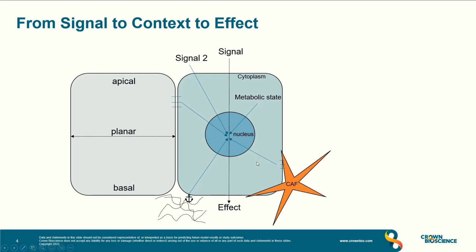And then there's many other cellular components like cancer-associated fibroblasts, here illustrated as a cuff, which can either secrete cytokines and growth factors or have direct integrin-mediated connections to the cancer cells.